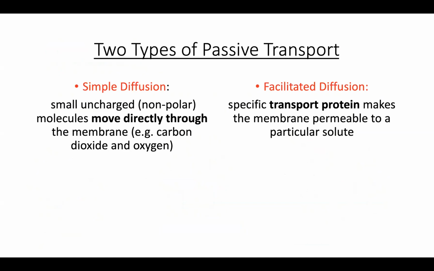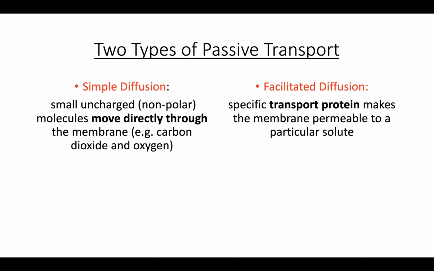So we said diffusion is an example of passive transport. We're clear that passive transport does not require an input of energy. There are two types of passive transport. We've got simple diffusion, where small uncharged molecules can move directly through the membrane. And then we have facilitated diffusion, where transport proteins make the membrane permeable to particular solutes.